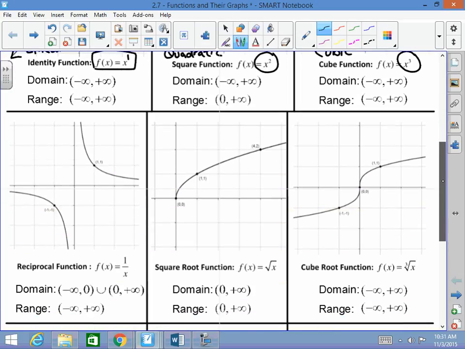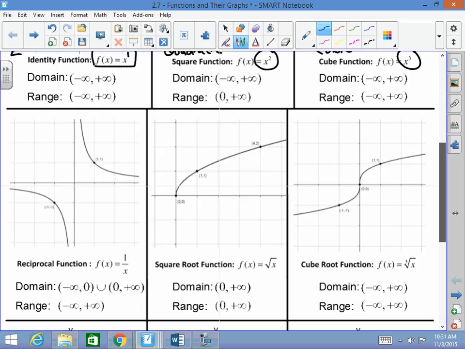Next, we have what's called a reciprocal function. Sometimes these are also called rational functions. Why are they rational? Because x is in the denominator. In this particular case, you have two separate sides or parts of the graph.